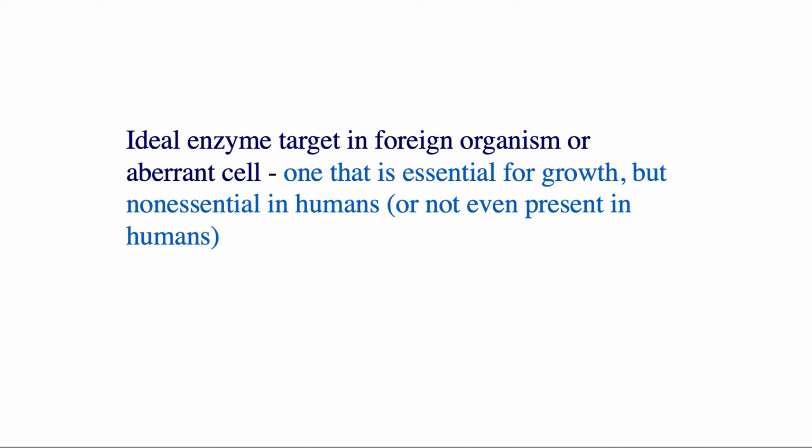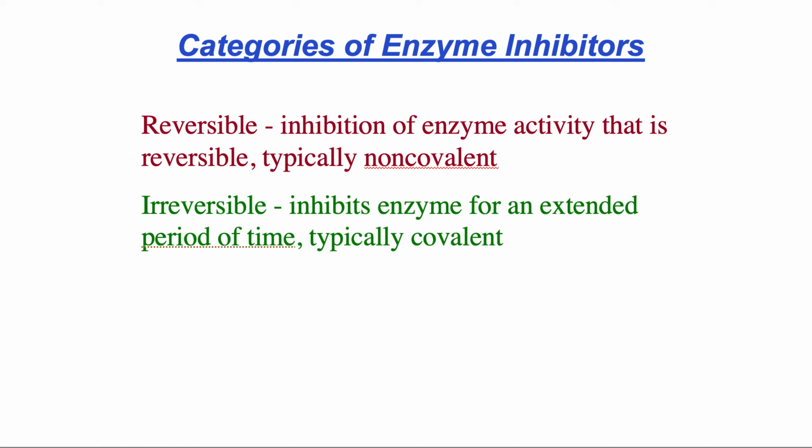So that's what we are looking for. So again, this is my cell wall example, with some cell wall that humans don't make. And so again, reversible is typically non-covalent, and irreversible is going to form a covalent bond.